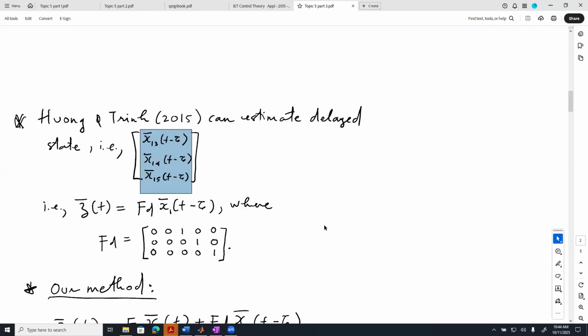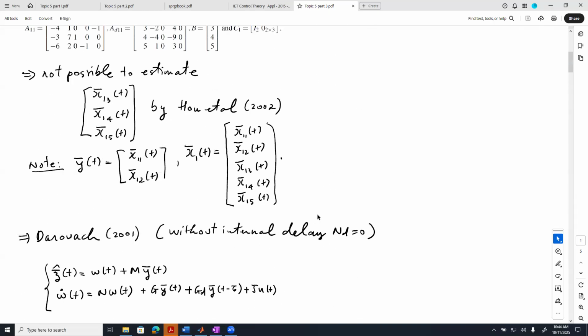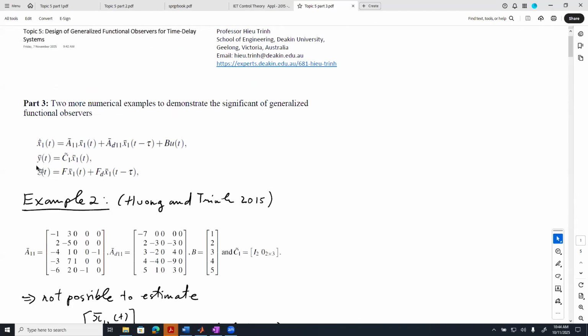And so this estimation of the delay stack vector actually is a small subset of the generalized functional that we consider in our observer for the generalized functional here.